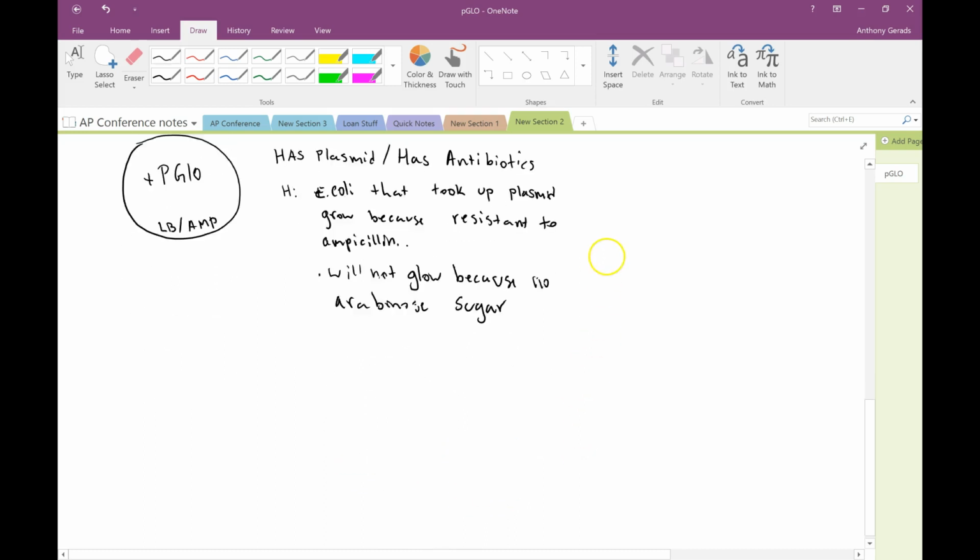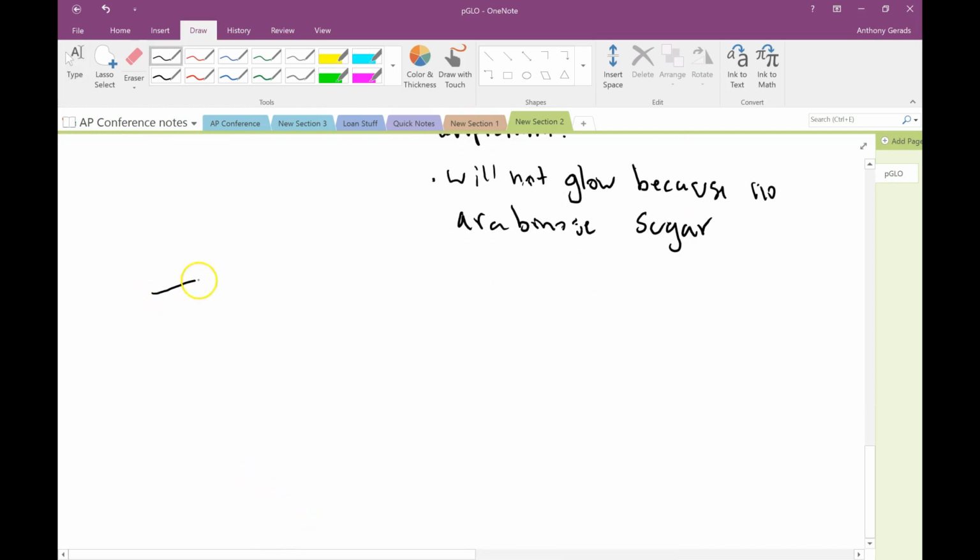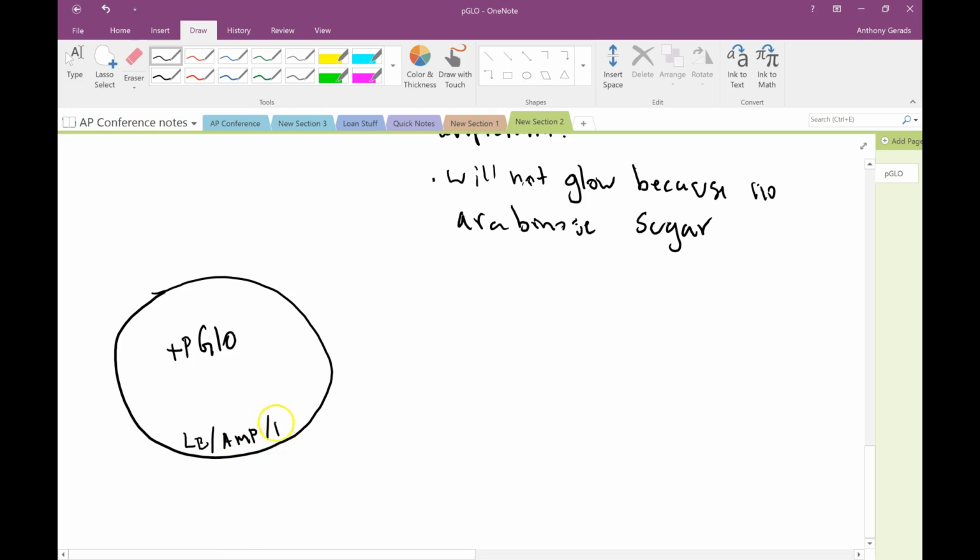All right, and then finally we got our last one. We've got plus pGlo, and we've got LB amp ARA. ARA signifies arabinose. So LB is the food, amp is ampicillin, and LB amp ARA has arabinose sugar.